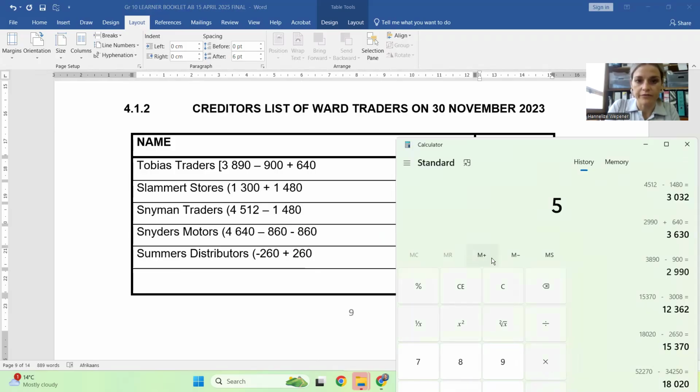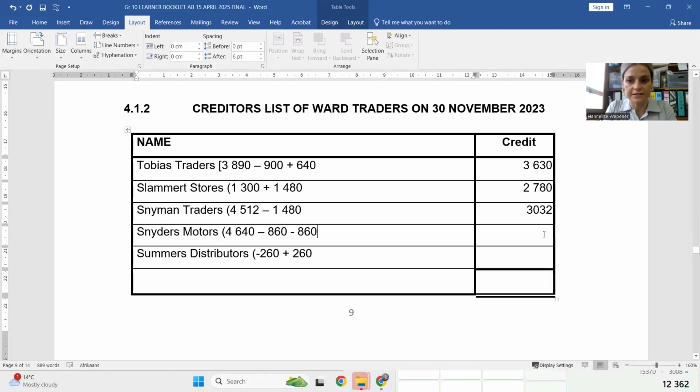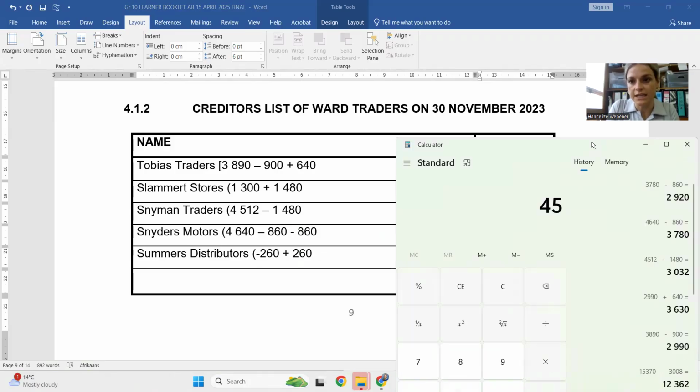And then we have 4,640 minus 860 minus 860. So 2,920. And then the last one, we don't owe him anything anymore because we transferred that account.